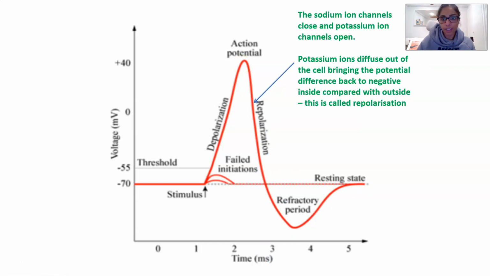So in repolarization, the sodium ion channels start to close, so no more sodium can diffuse, but the potassium ion channels open. When the potassium ion channels open, potassium ions will diffuse out of the cell membrane into the extracellular environment. And the point of this is to try and get back to this negative internal environment.